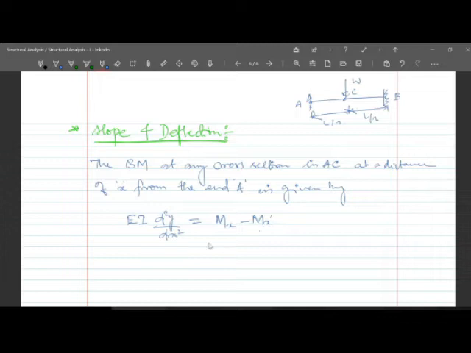So if that is the case, can we write in place of Mx? We are considering the bending moment at a section from here. Can we write it as w/2 into x minus wl/8? Can we write like this?